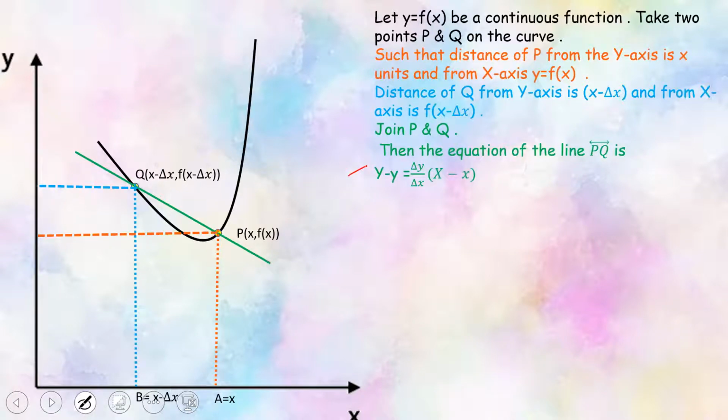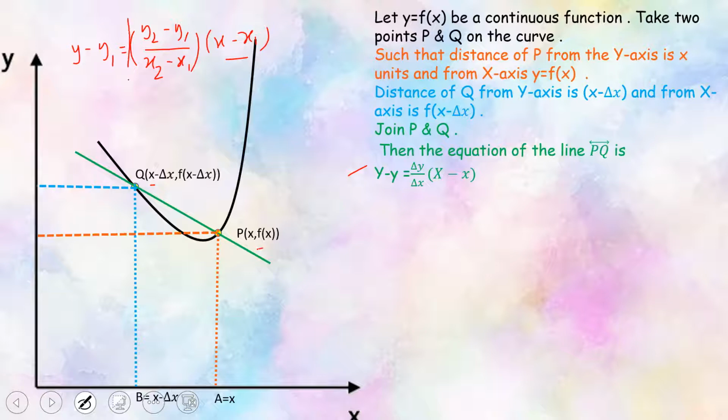So here I am using this 2-point formula, that is y minus y1 is equal to (y2 minus y1) by (x2 minus x1) into (x minus x1). So here I am taking, this is x1 and x2.